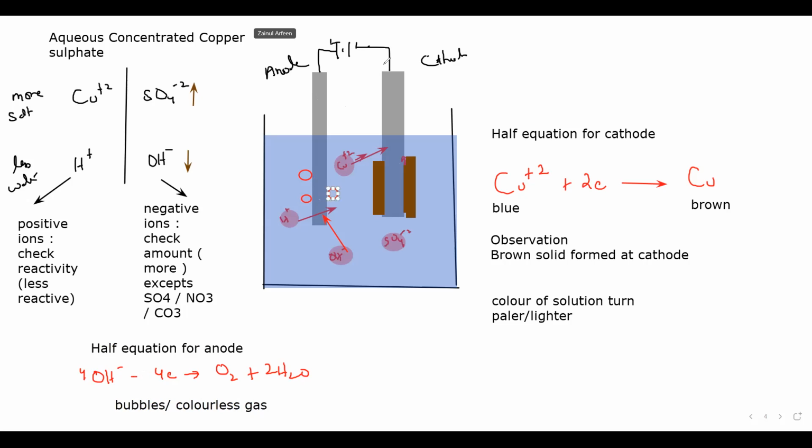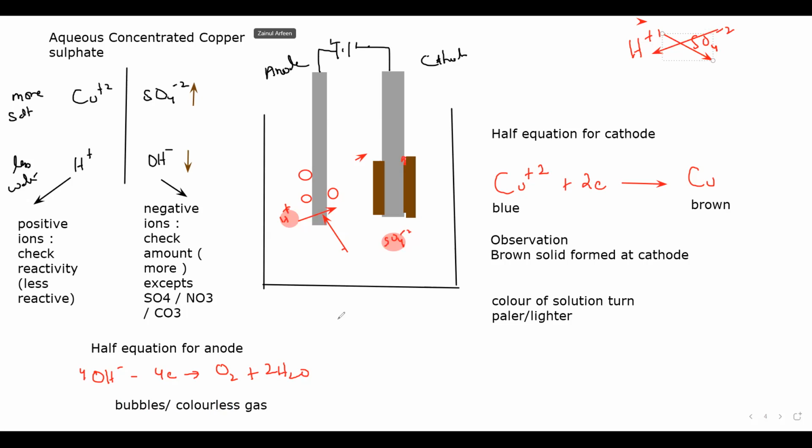And what happened to the electrolyte? As we know, copper has moved out and hydroxide has moved out. So what are we left with? We are left with hydrogen and sulfate. So what compound is formed when hydrogen ion combines with sulfate ion? Two will come with hydrogen and one will come with sulfate.